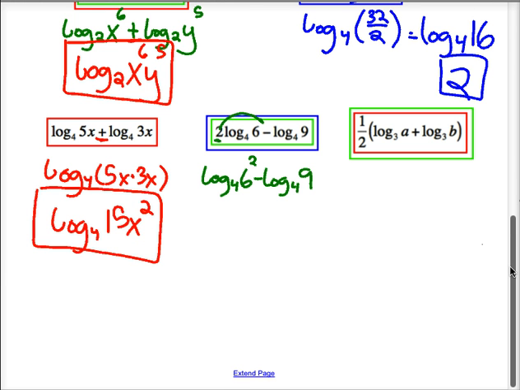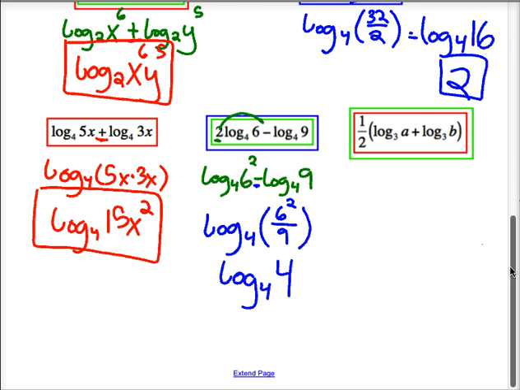Next thing that I'm going to do, now that subtraction piece right there means I can write this as a single logarithm by dividing. Now, 6 squared divided by 9, that's actually just a number, all right? Specifically, that is the number 4. 36 divided by 9 is 4.